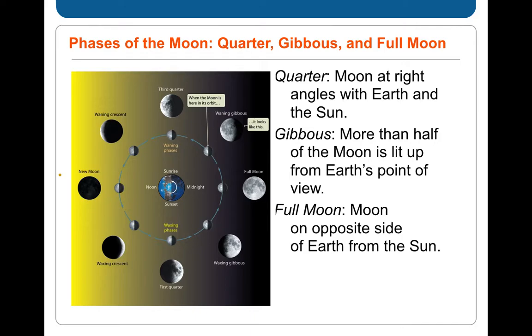Now, the phases that lie between Earth and the sun are called crescent phases, and the phases that lie between Earth and the full moon are called gibbous phases.